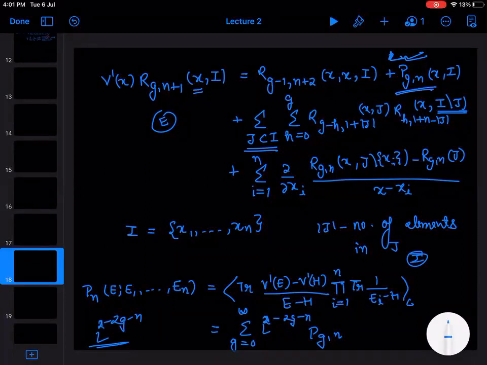So the only point is that you can also write a genus expansion for this polynomial, and that is what we are going to use here. Since we are never going to need the explicit form of this polynomial, I am just going to keep it as P_{g,n}. So I'll stop here and you can ask if you have some questions.